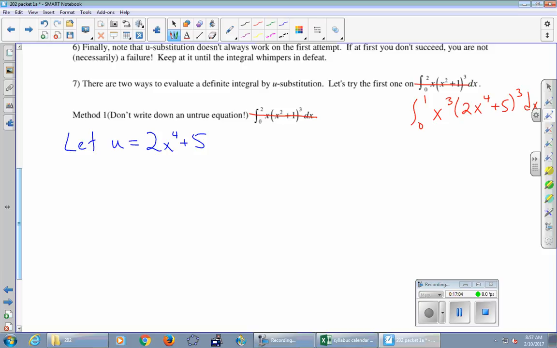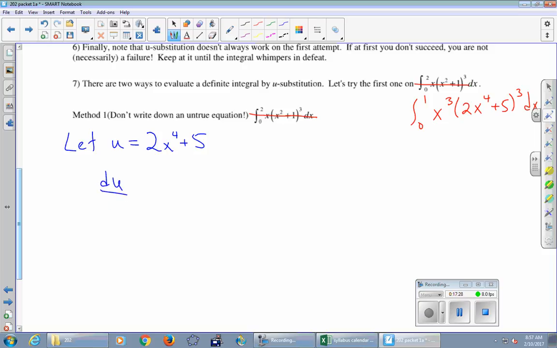And just kind of looking ahead to see if this has much of a chance of working, what is the derivative of that stuff in the parentheses? This is 8x to the third, right? And I see an x to the third here. Hey, that's really great because the derivative of the thing in the parentheses is basically sitting here with a constant multiple missing. All right, good. So this is promising.